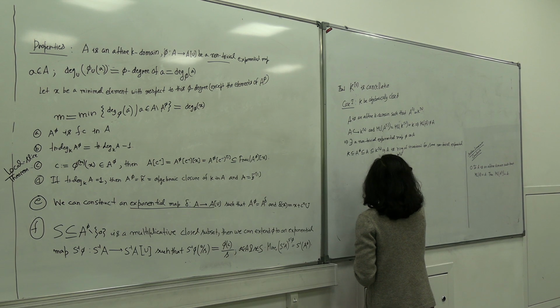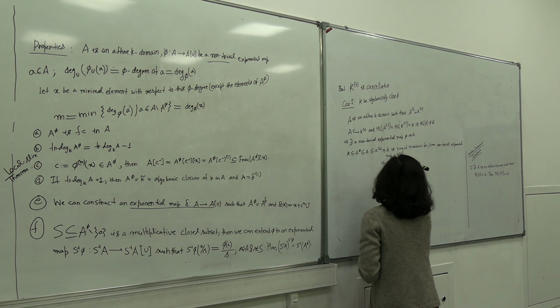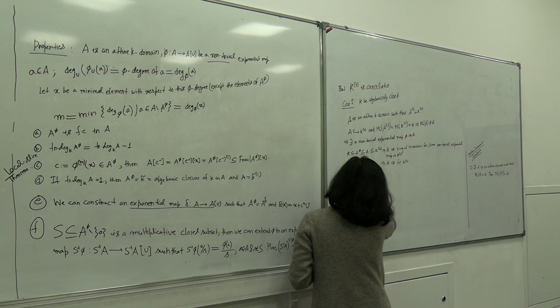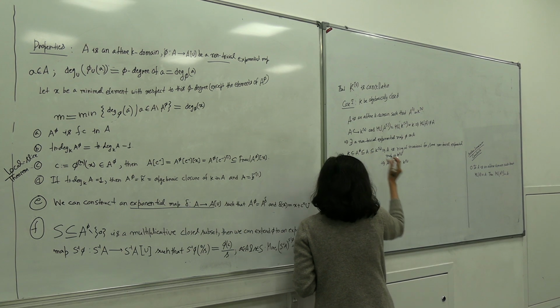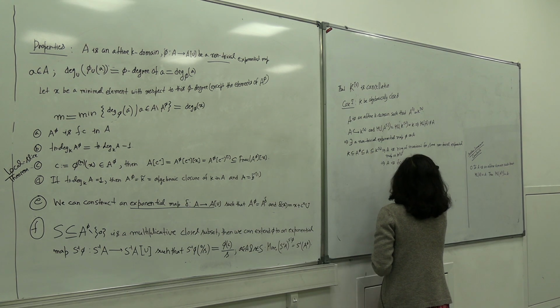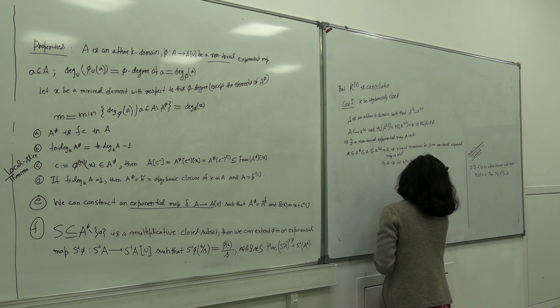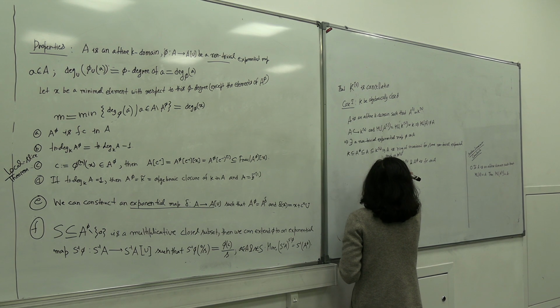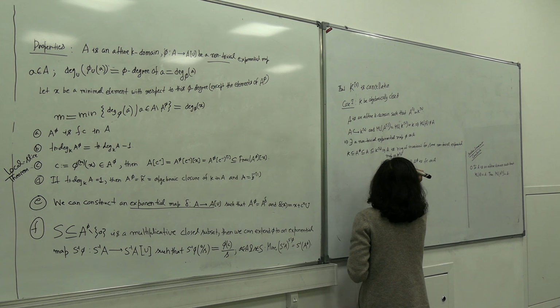This would imply A is factorially closed in K3, and A to the power 5 is factorially closed on A. So this would imply that A to the power 5 is factorially closed on K3.